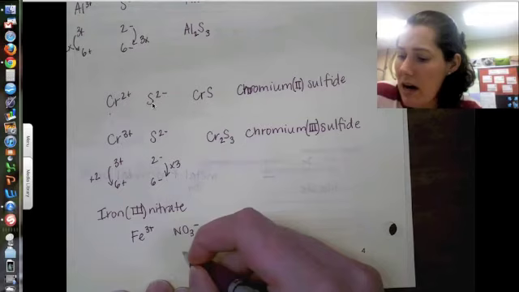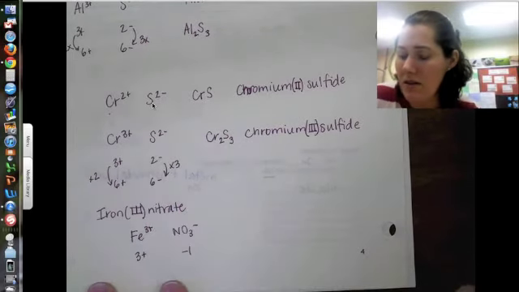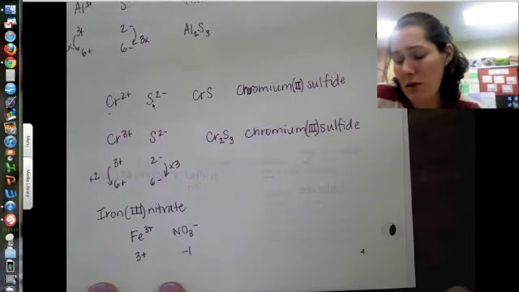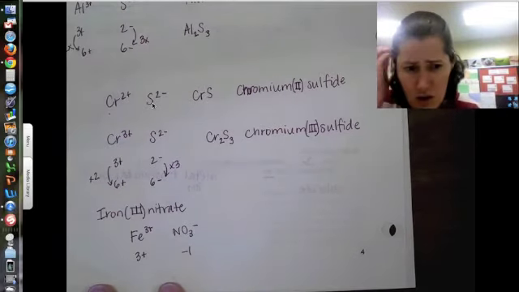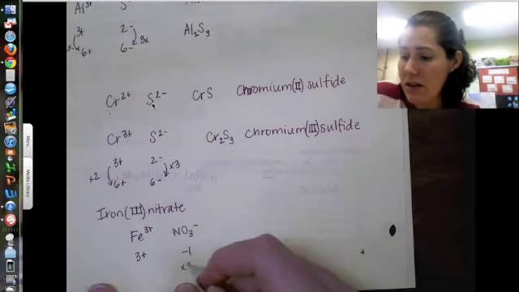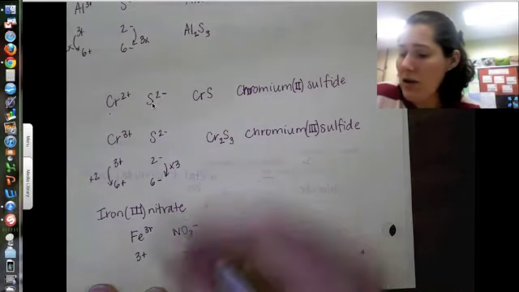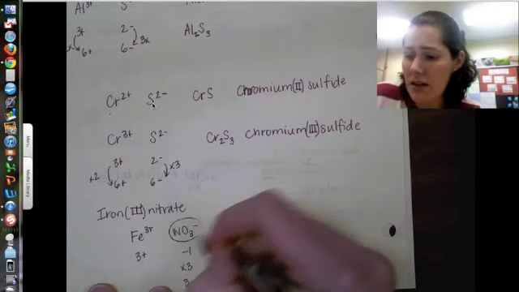So right now its total charge is -1. This has a total charge of +3. And so we want those to be balanced. To do that, we're going to just need 3 of these guys, right? So we need this times 3 to get this to be 3 minus. And so we need 3 of these nitrates right here.